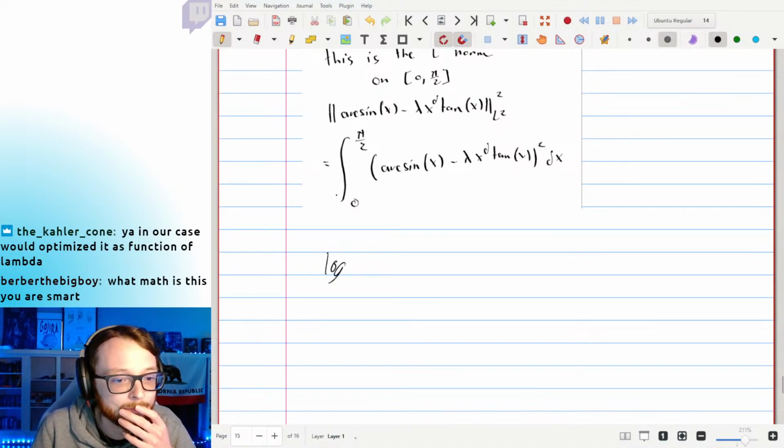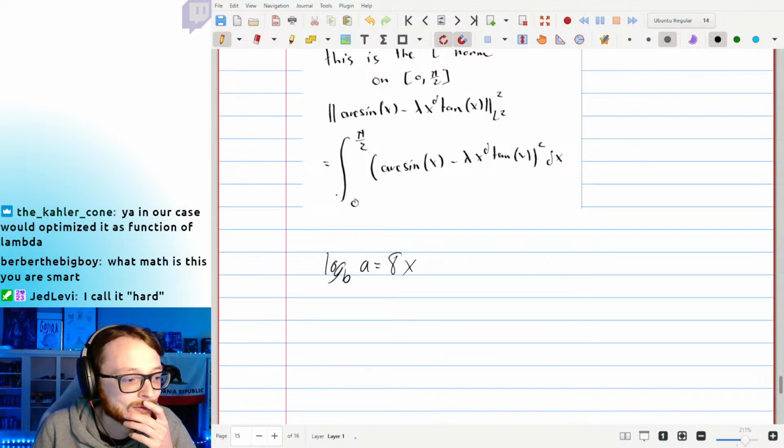Call it hard. Yeah, same. Take partial derivatives inside the integral? I don't know what you're going to do with them after that.